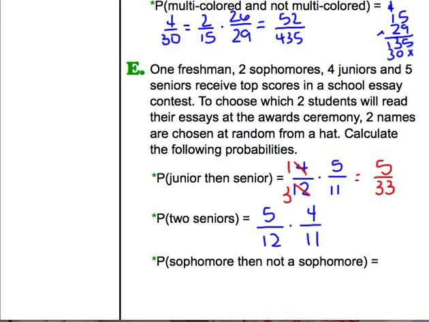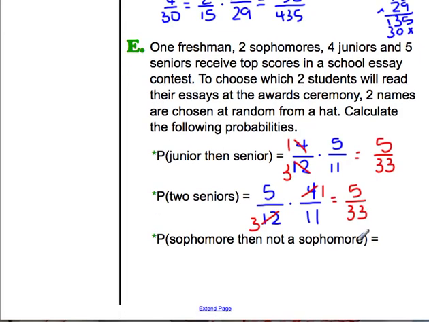So if we go ahead and simplify ahead of time, 12 will become 3 and 4 will become 1 to make our lives easier. And once again, we have a chance of 5 over 33. How crazy is it that changing it from junior and a senior to 2 seniors is going to have the same probability?